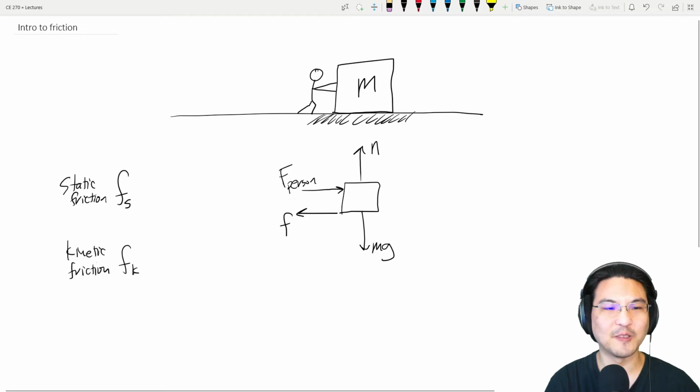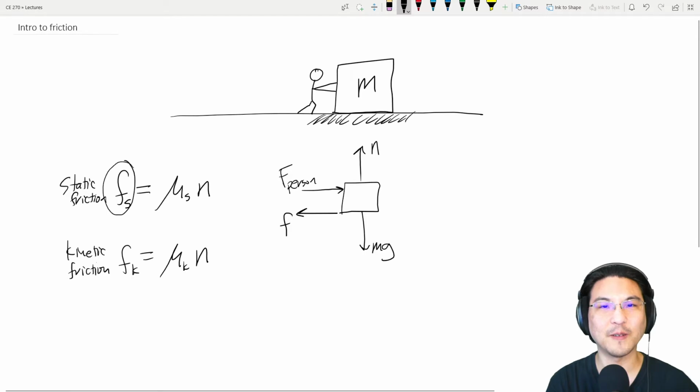So like this. Friction is proportional to the normal force. So the static friction force is proportional to the normal force. The kinetic friction force is proportional to the normal force.